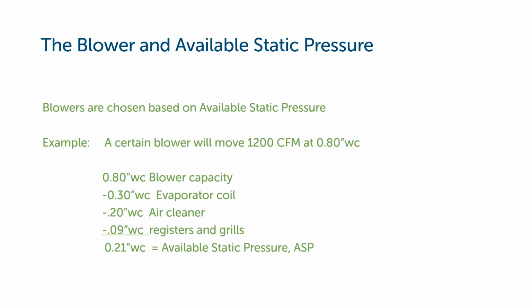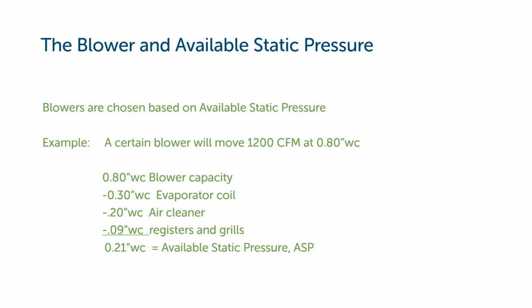So here's how we come up with our available static pressure. In our example, we're going to look up the data on a blower, and we're going to find out that it can move 1200 CFM at 0.8 inches of water column. So with 0.8 inches of water column of pressure in the duct system, we'll be able to get 1200 CFM out of that blower. So we start with our capacity, which is 0.8, and we subtract some of the stuff that's not ducts, right?